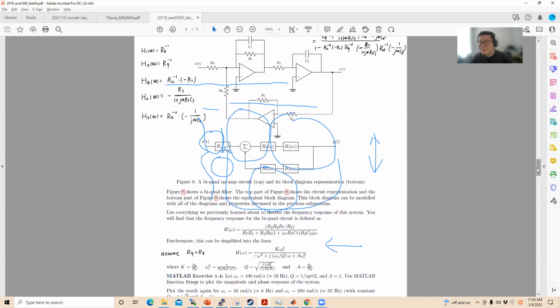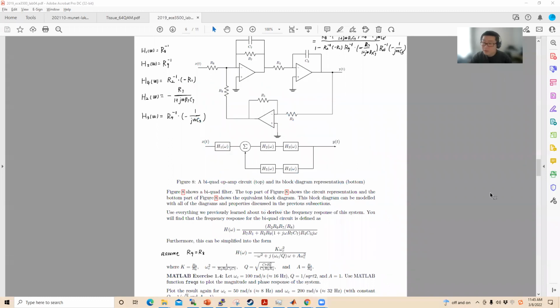But if you are not interested in it, you can just use this equation to get the response.